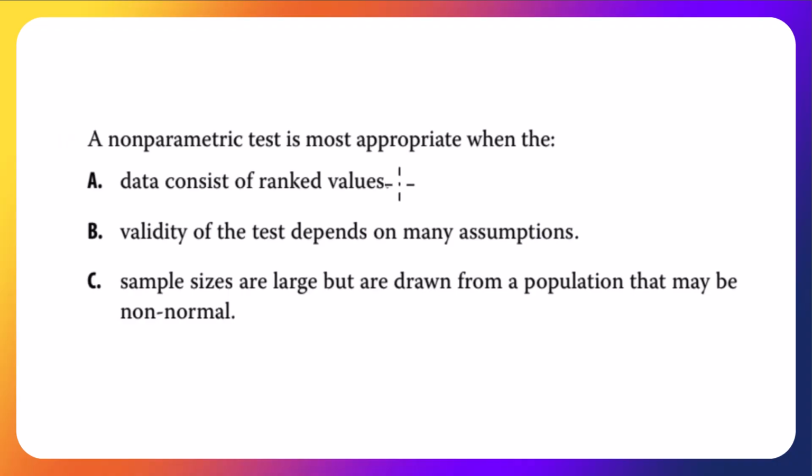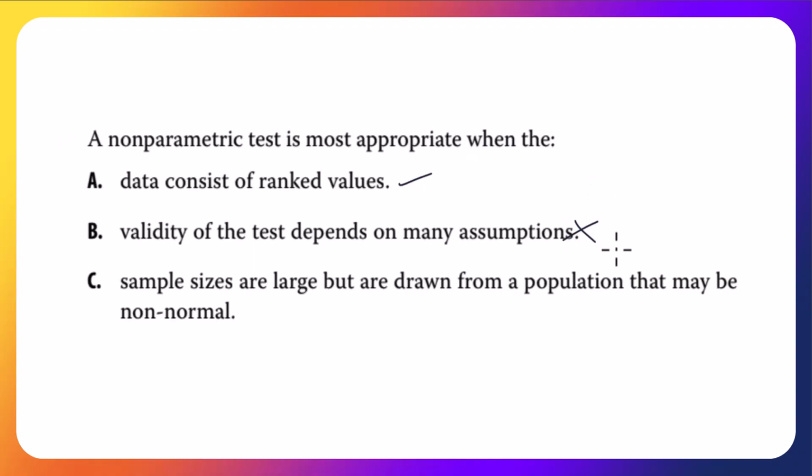Yes, that is appropriate for non-parametric. The validity of the test depends on many assumptions. No, and when the data do not meet any assumptions, non-parametric test is appropriate. If it depends on meeting many assumptions, you're looking at parametric testing. We can get rid of that.